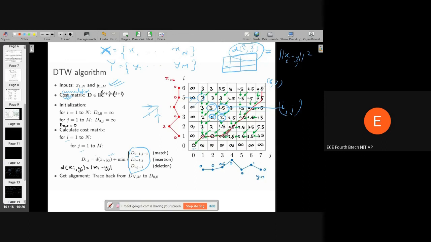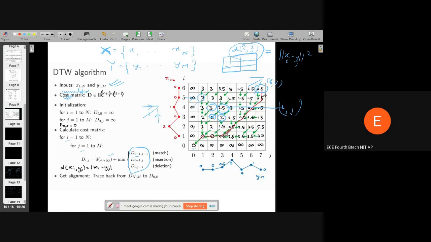Now, once you have got this matrix, it's really easy to find the path. See this 0.5. From the last point, you will have to traverse to the first point. Look at all of these. Which is the minimum one? You have three paths available.